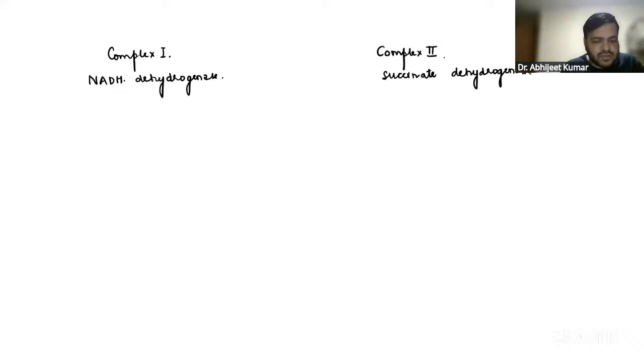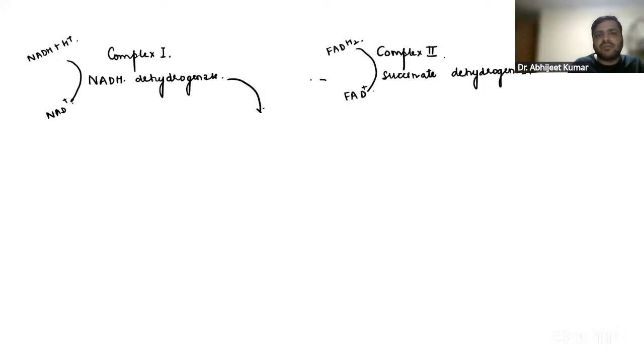Basically, NADH dehydrogenase, you already know we have this NADH plus H plus changing into NAD plus, and we have FADH2 getting oxidized to FAD. Both of them, the electrons are carried by coenzyme Q or ubiquinone.